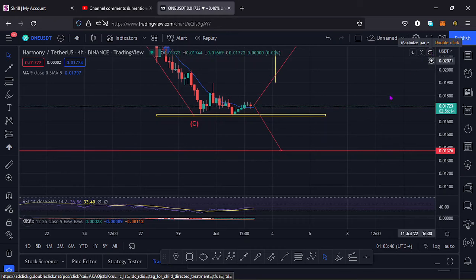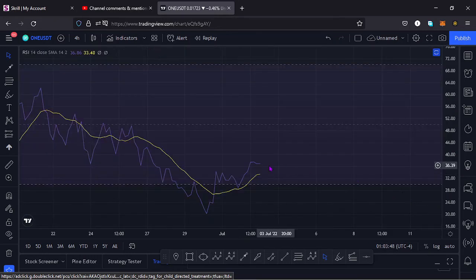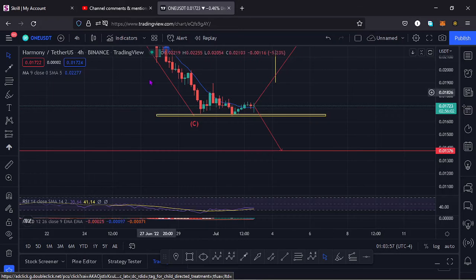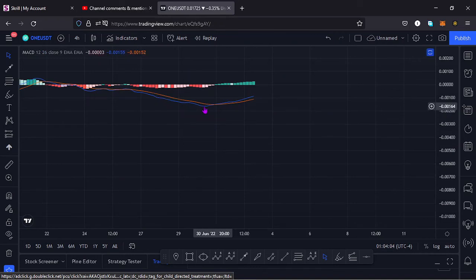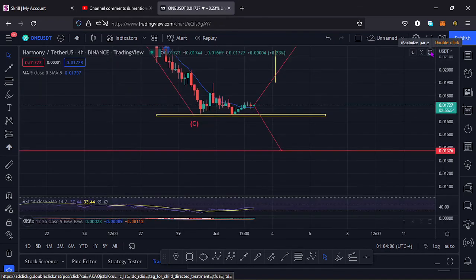If I look at the RSI, we are trading at around the 37 mark on the 4-hour chart, and that would mean we have room for that potential breakout of the double bottom to the upper side. On the MACD we don't have anything.